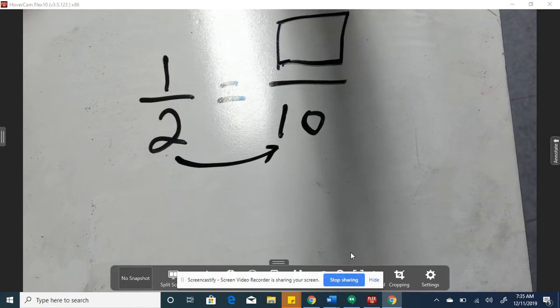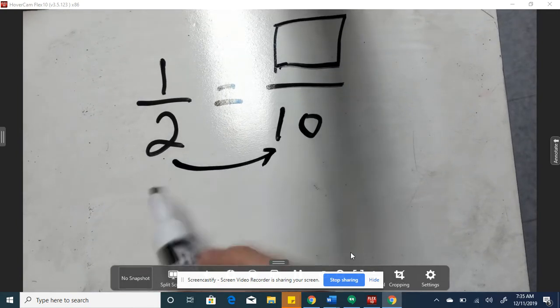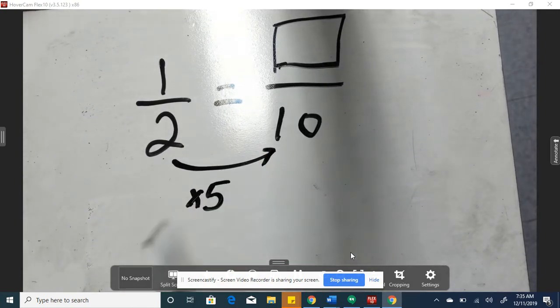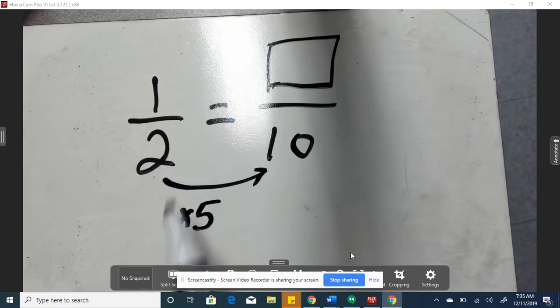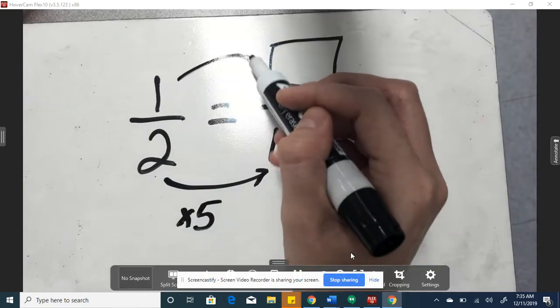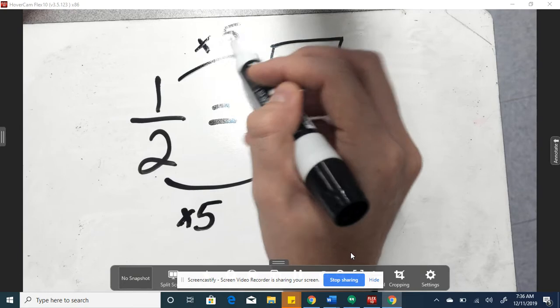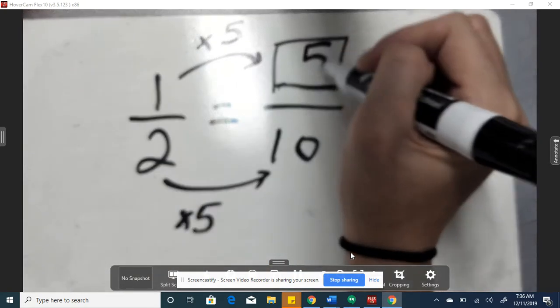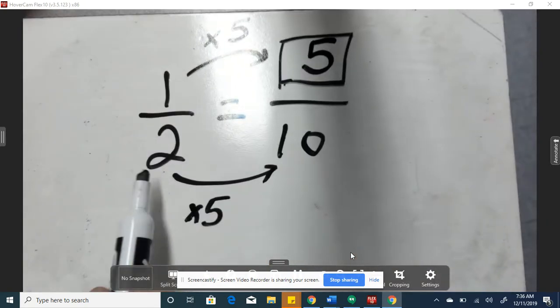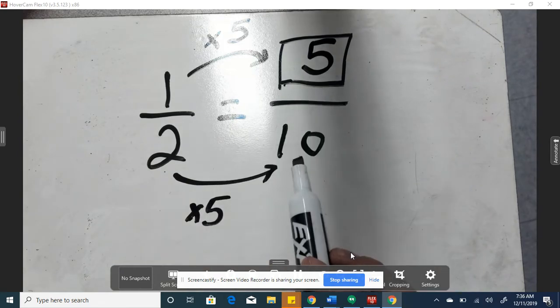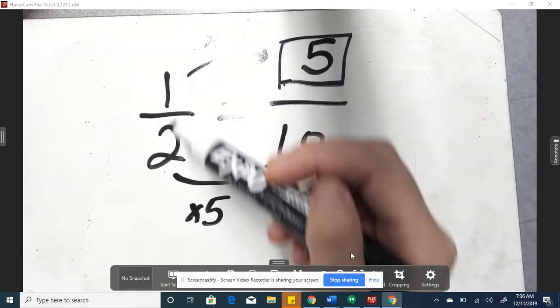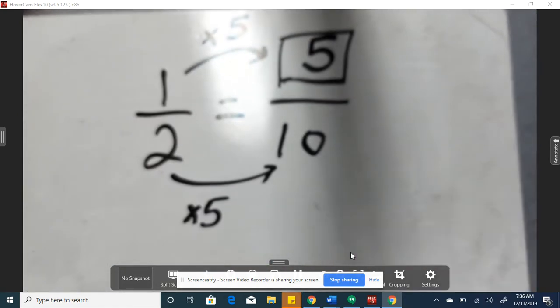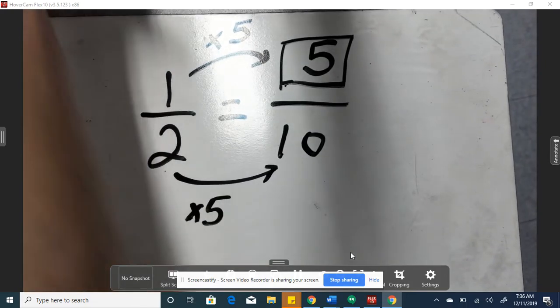I know that we can multiply 2 times 5 to get to 10. So let's do the same thing on the top. 1 times 5 equals 5. 1/2 is equivalent to 5/10, and that makes sense because 1 is half of 2 and 5 is half of 10.